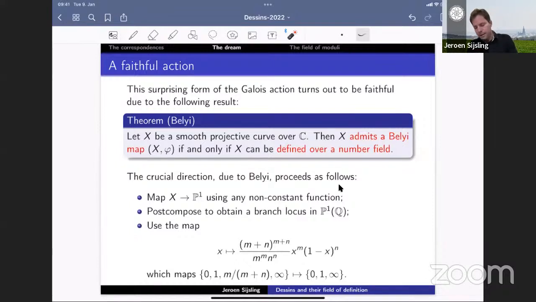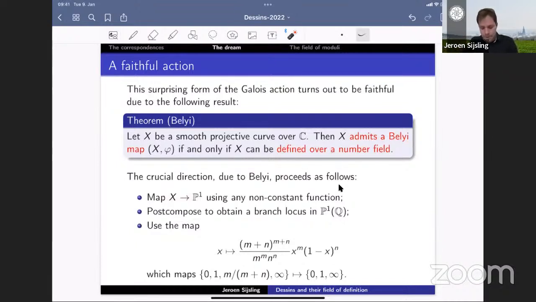I won't tell you about the proof, but it's an extremely clever proof. It goes like this. You take any non-constant map from X to P1. That always exists: you have an algebraic curve, and you post-compose with the map to P1 to get your branch locus.